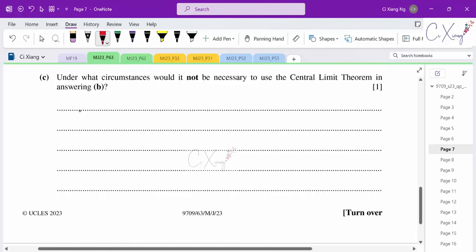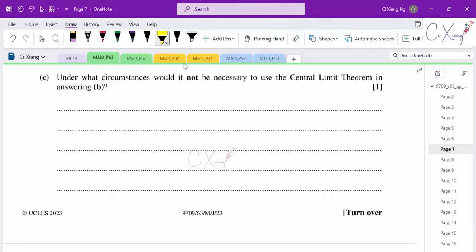They're asking under what circumstance it would not be necessary to use the central limit theorem. Usually we do not use the central limit theorem with only one reason: when your population is normally distributed. So you can write, when the population is normally distributed.